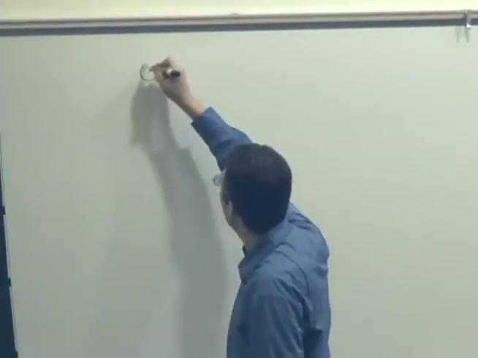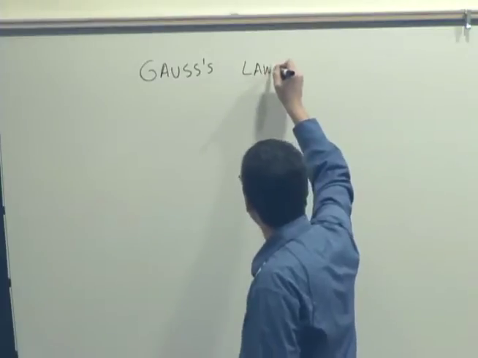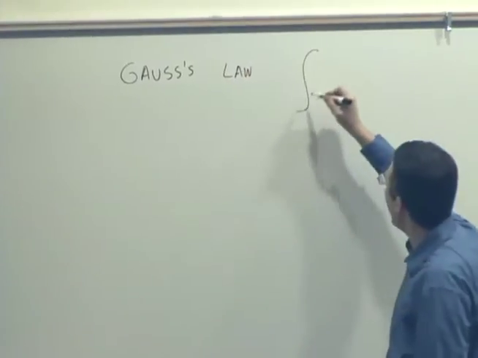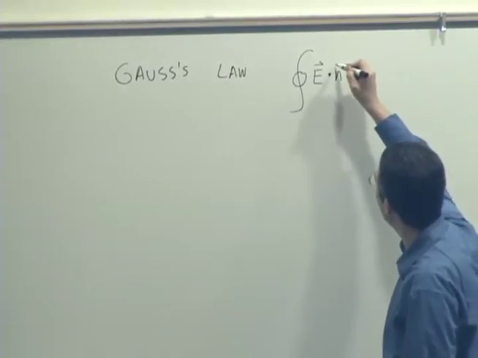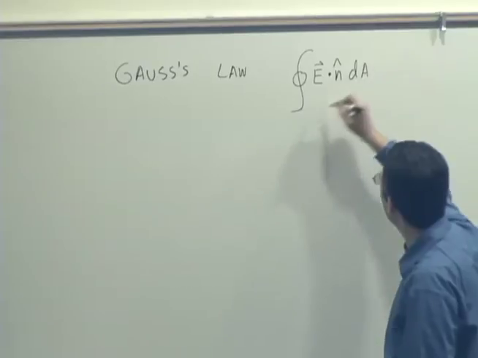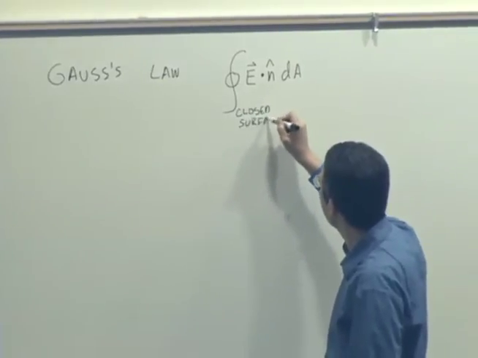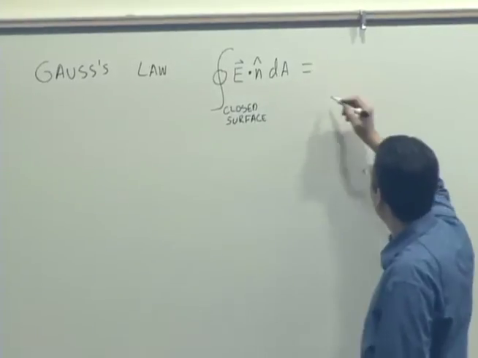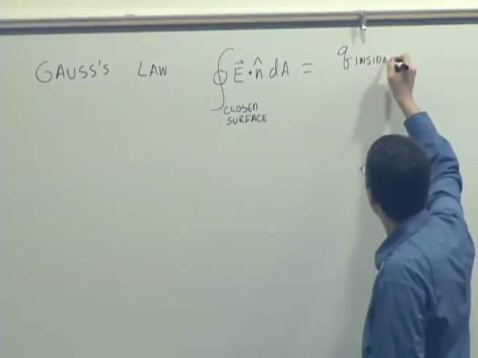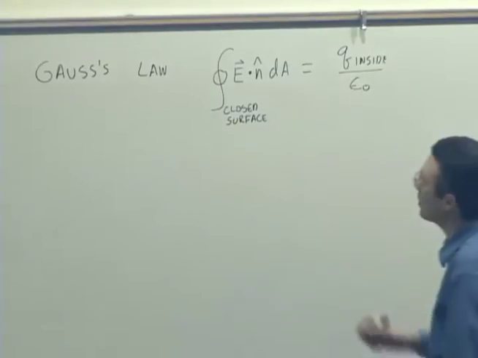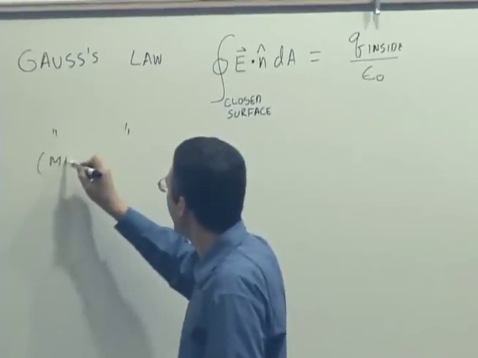We saw Gauss's law, which says that the pattern of electric field over a volume, which we can calculate using this quantity called flux, the integral of E dot n hat dA over a closed surface, is related to the charge inside. So it's equal to Q inside divided by a constant.